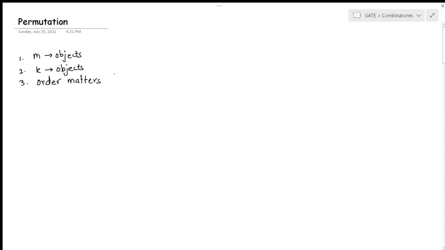Order matters means, see, this is the first position, this is the second position. If I am giving object 1 to this person and object 2 to this person, it is different. Let's say this is person A, this is person B. It is different from giving object 2 to person A and object 1 to person B, right?